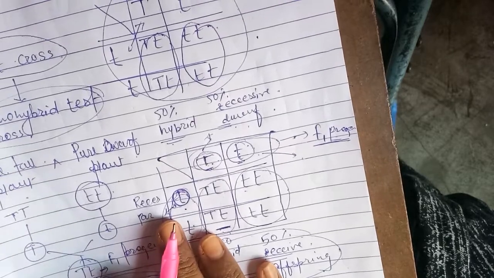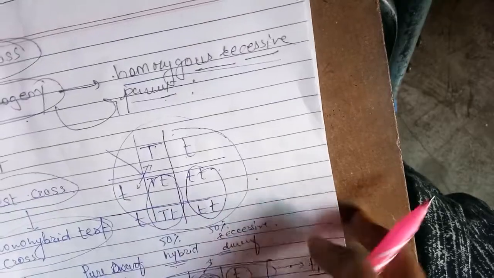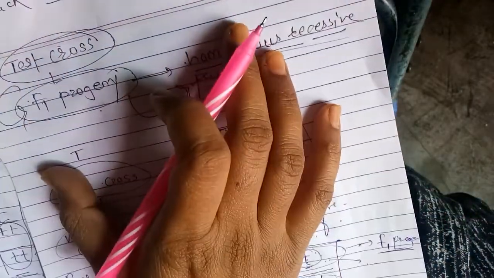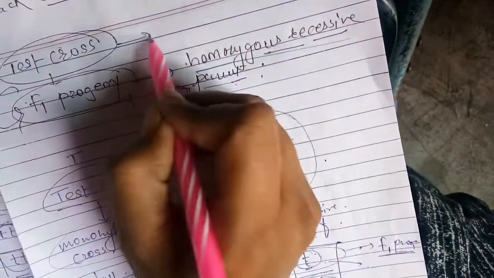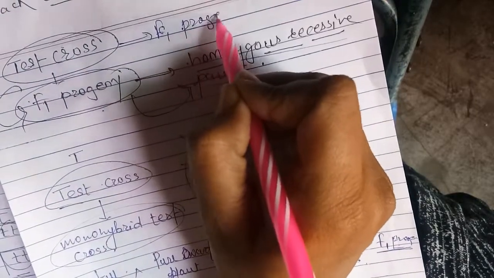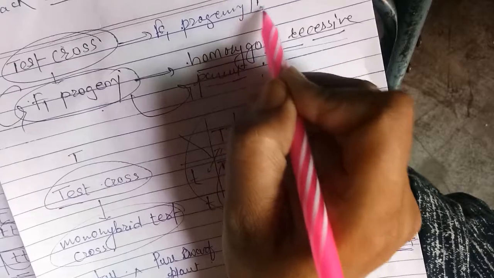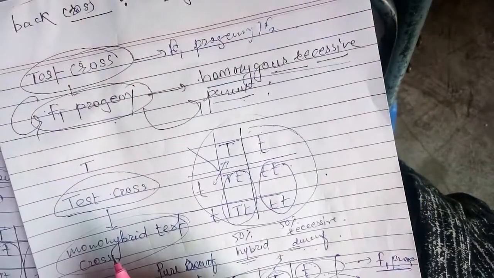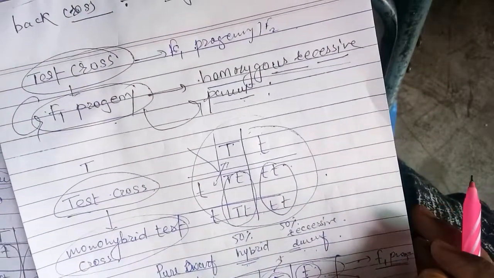Most important, the test cross is used to verify the genotype of the F1 progeny or the F2 progeny. It is one of the reasons to do the test cross.